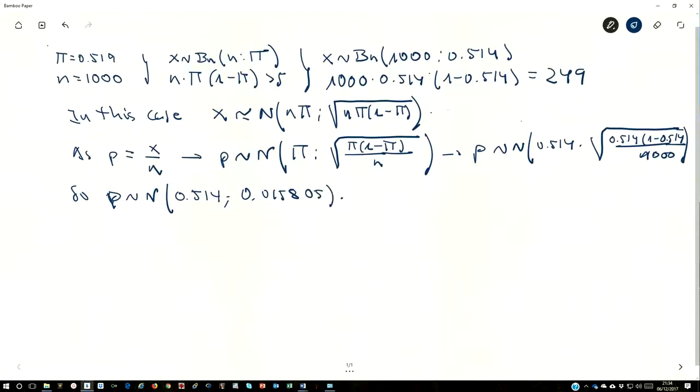0.015805. But we are interested in computing what is the probability of there being less men than women. So in that case, if the probability of success is equal to 0.514, we are trying to analyze if the probability of the proportion is lower than 0.5, less men than women.